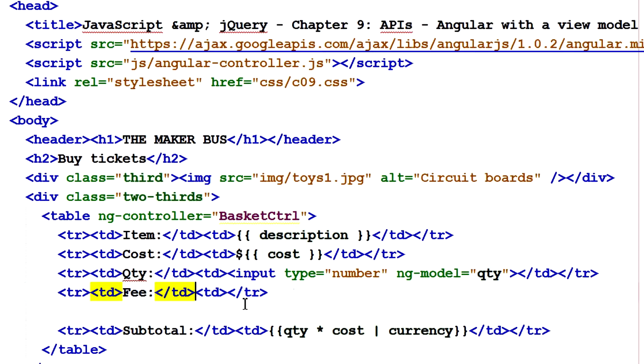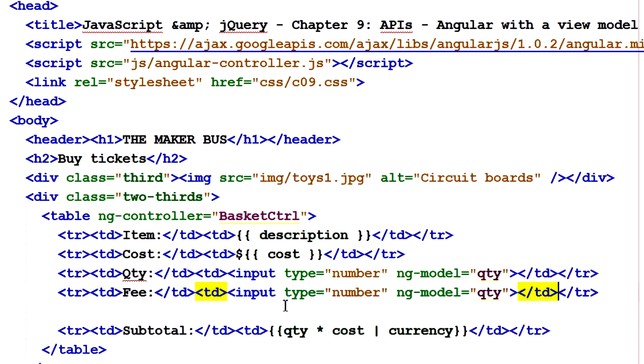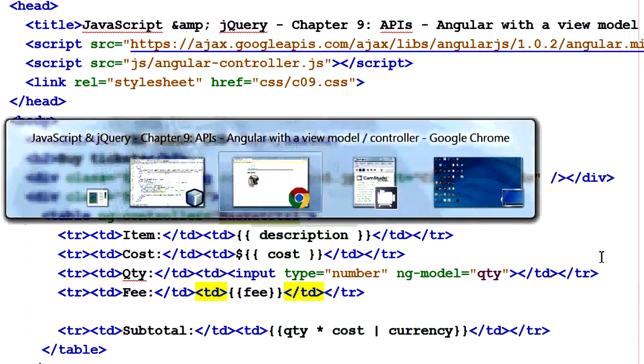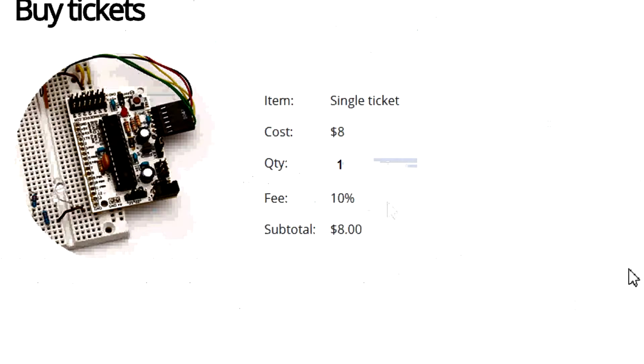Wait a minute, I think I deleted too much. Oh yeah, okay. I'm just getting rid of this input. Type fee. Hit save. And update the page. Oh, there's my fee, 10%.